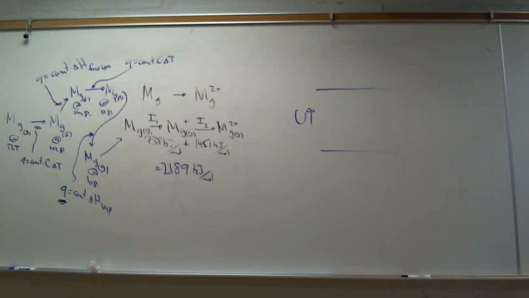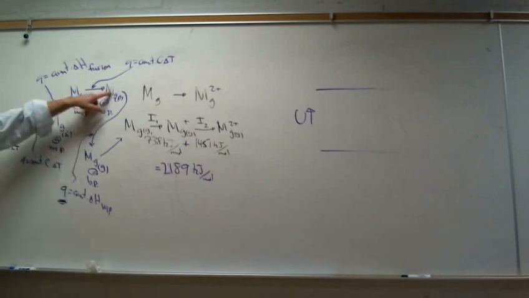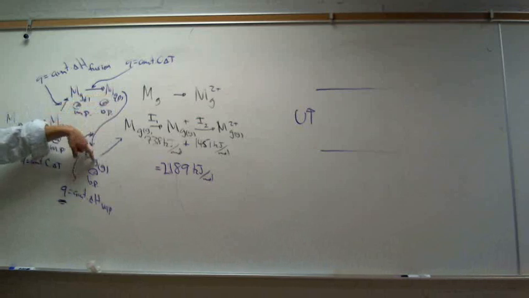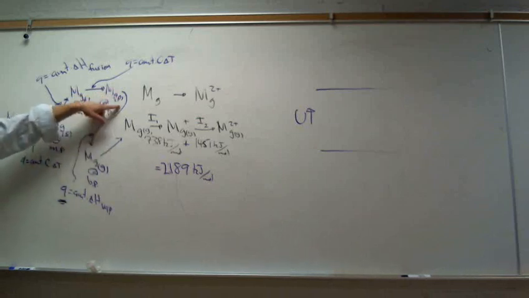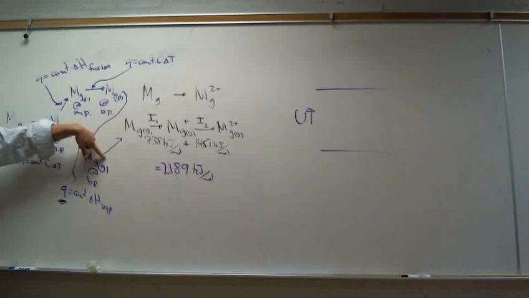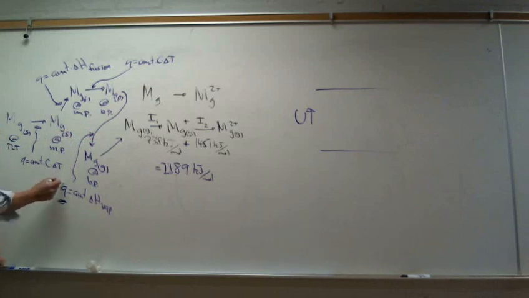In other words, let me ask you this, true or false? I need to do a second calculation for this step here because I need to factor in the work. True or false? Isn't the work already factored in because delta H of vaporization includes the amount of work done? Yeah, but I just have Q here, right?